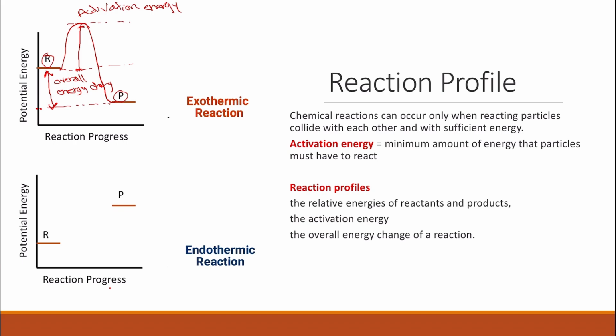First of all, we need activation energy, so some energy must be supplied for the reaction to start. The activation energy is the difference between the energy of the reactants and the top energy. So this is the activation energy.